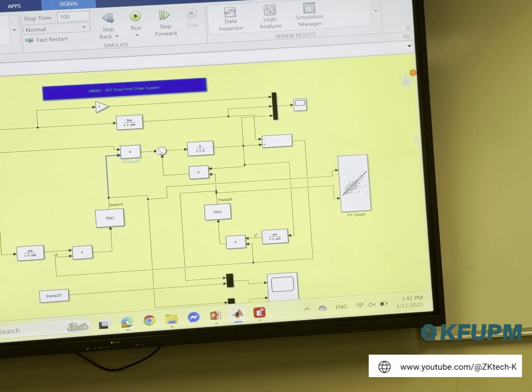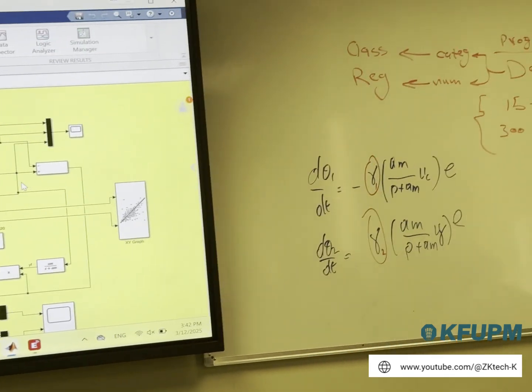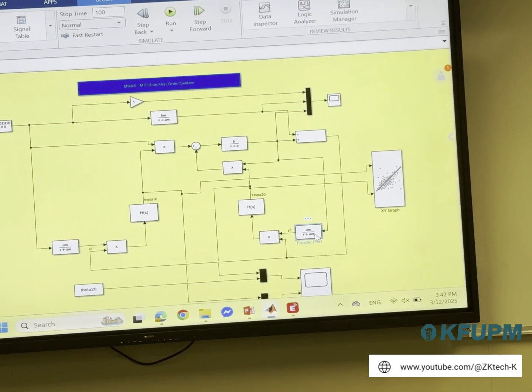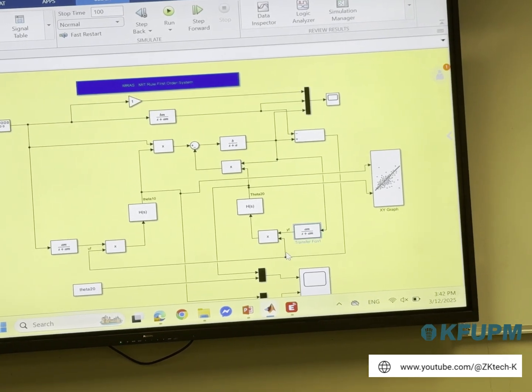Now theta 2 is defined as y filtered, so I have to go to y, this is y. I push y through the filter, this is the filter. The output of this has to multiply the error, and then I need to multiply it by gamma and integrate it to get theta 2, here, this one.